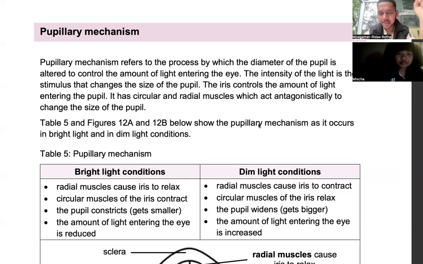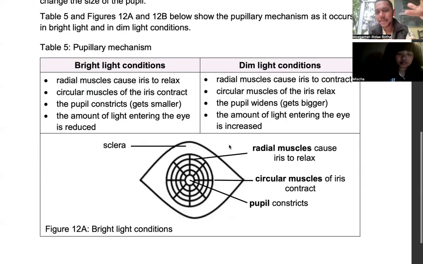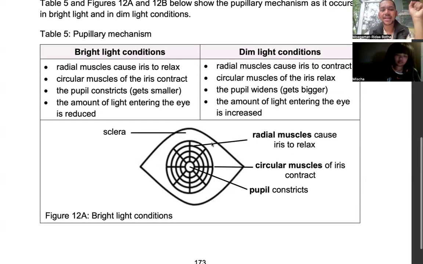Now, the iris controls the amount of light entering the pupil. It has circular and radial muscles which act antagonistically to change the size of the pupil. So, what happens in bright conditions? If you look at the iris, you can see that the radial muscles of the iris relax.